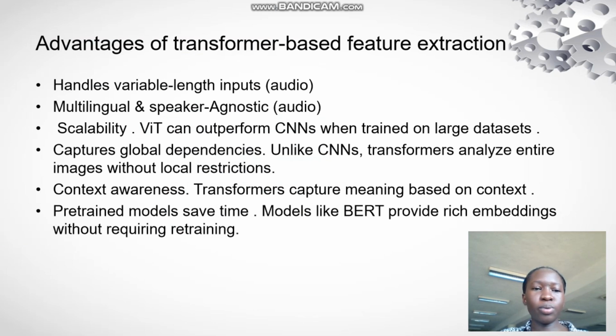So to continue with the advantages of using these transformer models for feature extraction, these models are pre-trained, in that they've already been used on other datasets and have been trained on what to do with different pieces of information.